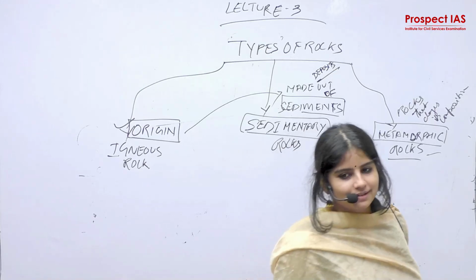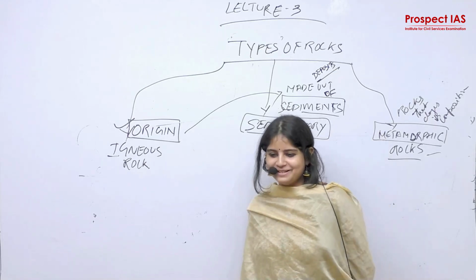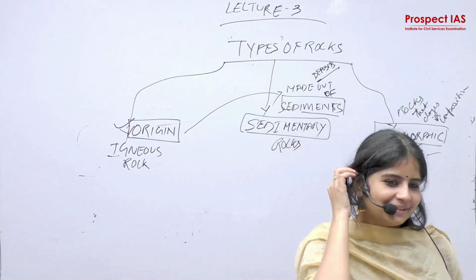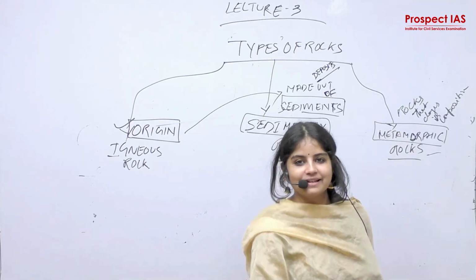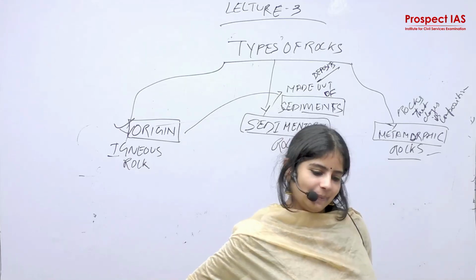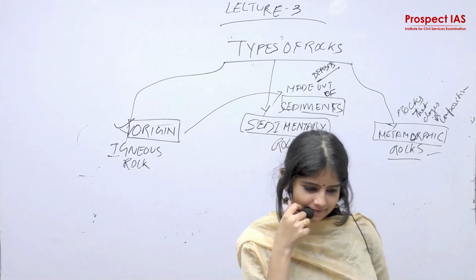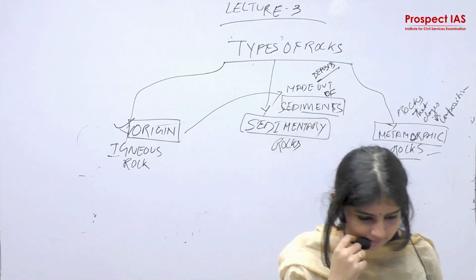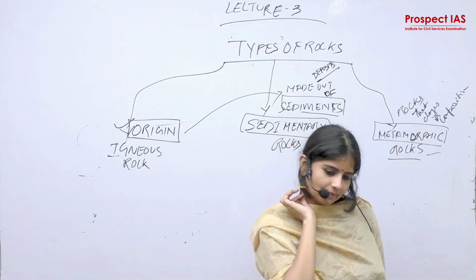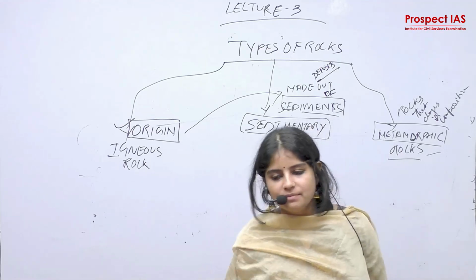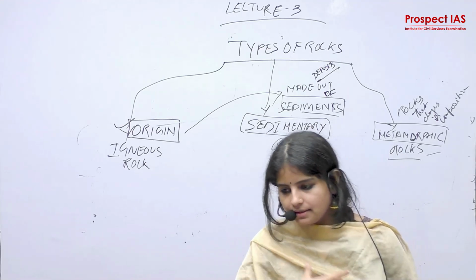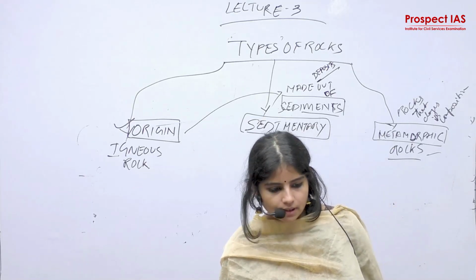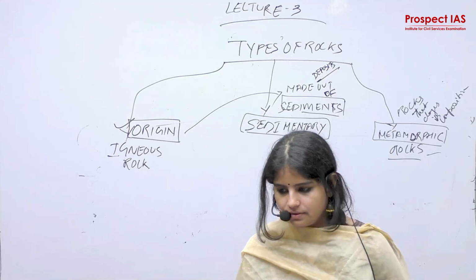Sorry for being patriarchal, I should use mother rock as well. It is called the parent rock. It has higher mineral composition because it extracts directly from inside the surface of the earth. So it has high mineral composition.